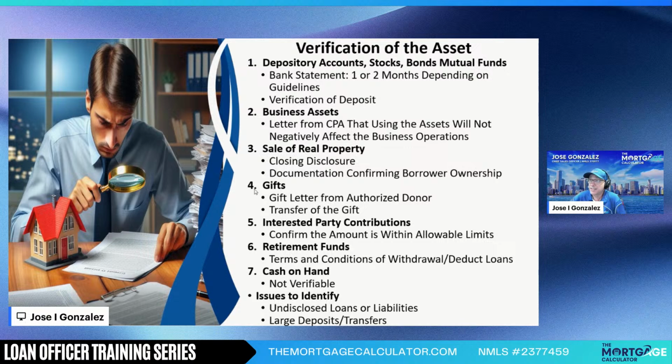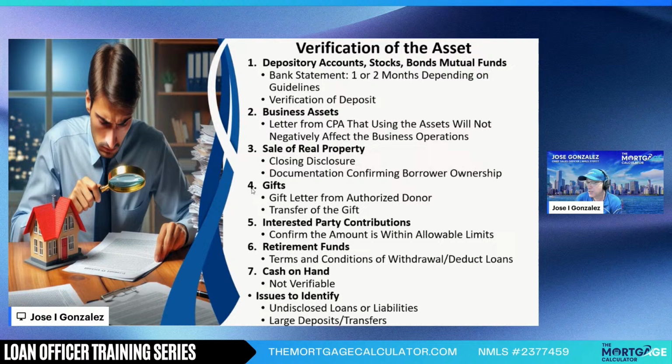Business assets is another category here, and again, we're talking more about bank deposits. One of the things you are going to note when you provide bank statements from a business account that is being used to meet the reserve requirement or the down payment is that the borrower is going to be required to provide a letter from their CPA.